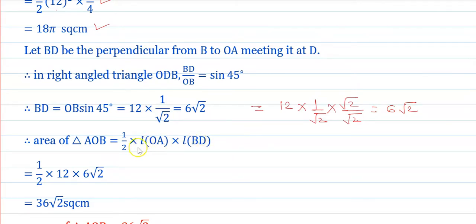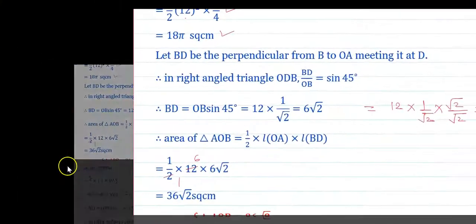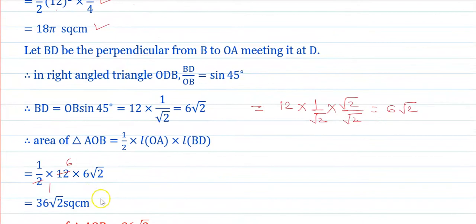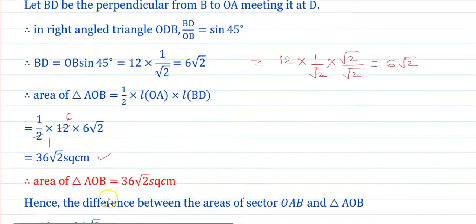Therefore, area of the triangle AOB is equal to 1 upon 2 OA into BD. OA is 12, BD is 6 root 2. Two 1s are 2, and 2 sixes are 12. 6 into 6, 36 into root 2 square centimeter. This is the area of the triangle.